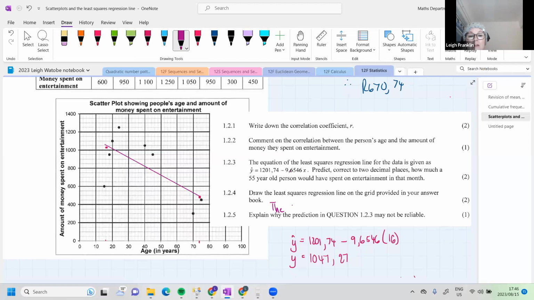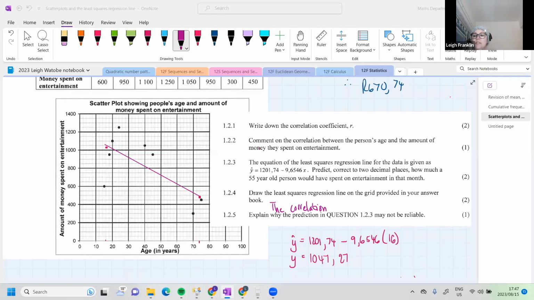The correlation coefficient tells us how strongly the data is related. So it's not because it's negative, it's because it's 0.67. Data can still be reliable. If the correlation coefficient was negative 0.91, it would be very strongly correlated, so it would be reliable.